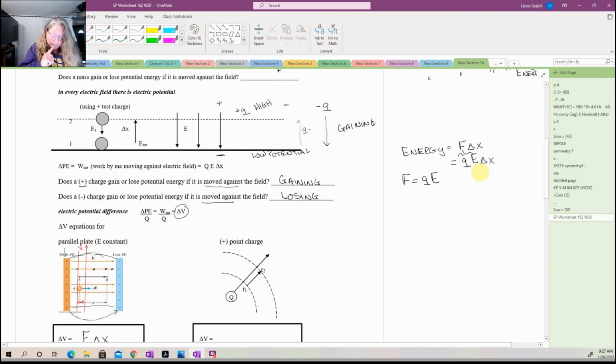Now I have energy. But this delta V here, what's going to happen if I go energy divided by Q, and actually I should write them in the same way so they don't look different. If I go energy divided by Q, what do I have? I have Q E delta X divided by Q. My Q's cancel.